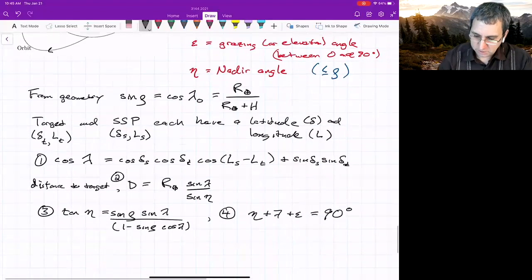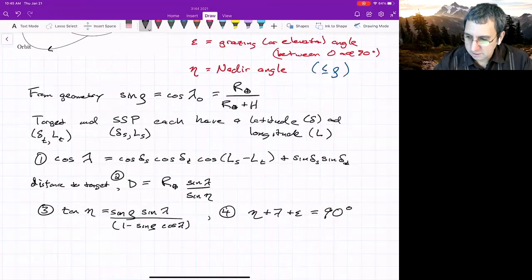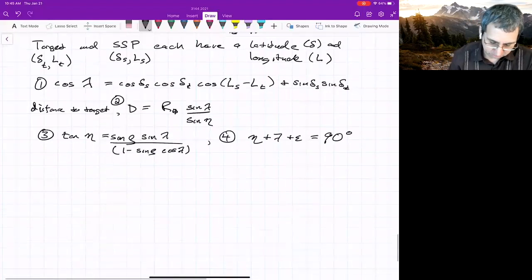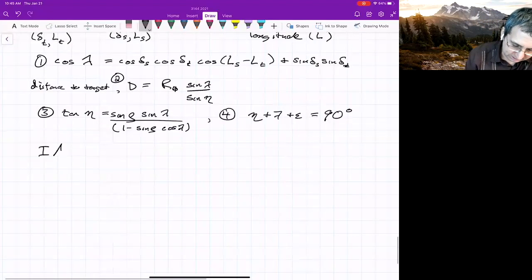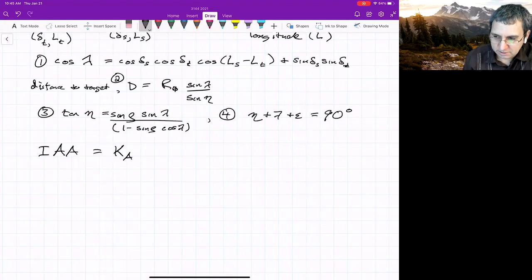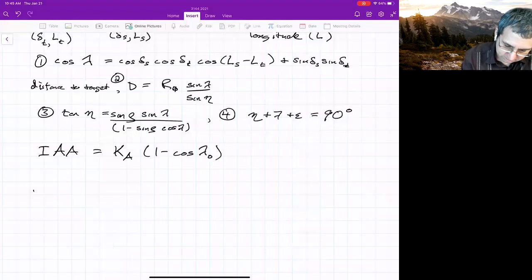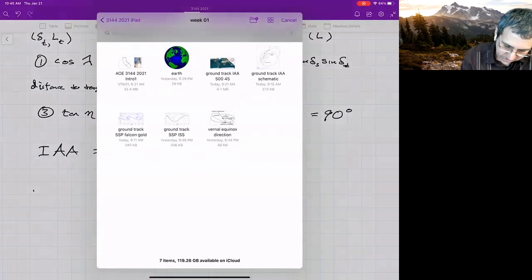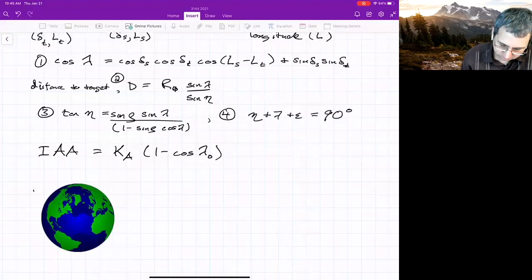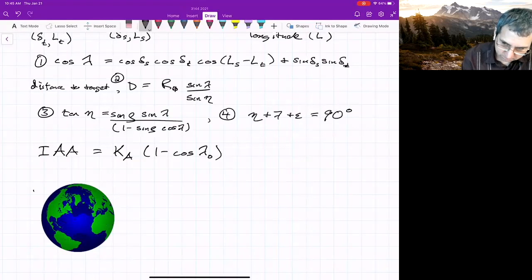Okay. What about the instantaneous access area? So the IAA equals a constant, Ka, times 1 minus cosine lambda naught. So if we, let me quickly show, here's the Earth. It's a satellite.